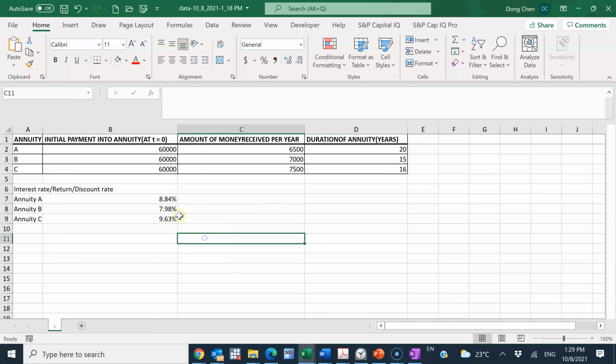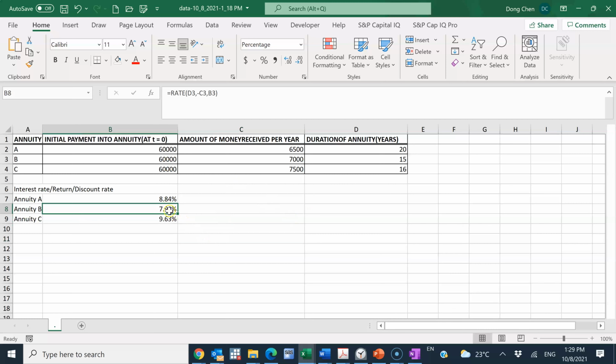And the format also follows the format of annuity A. So that's also one very good benefit of using Excel.